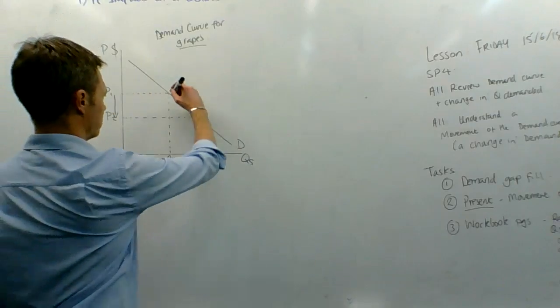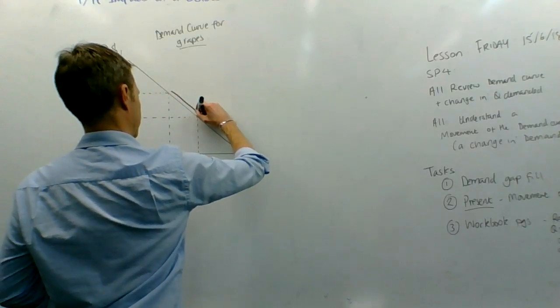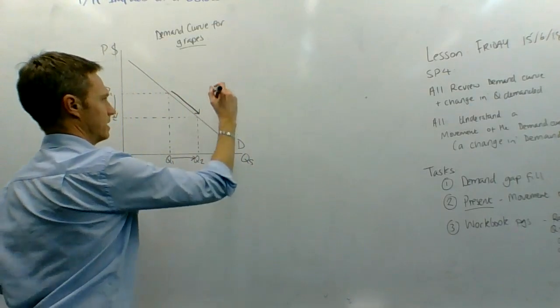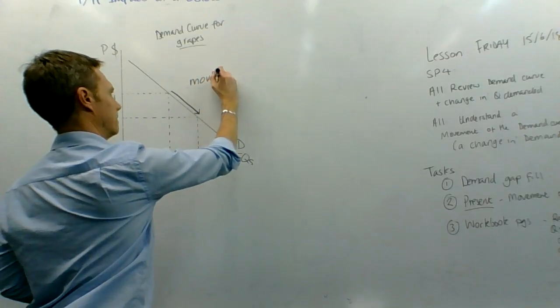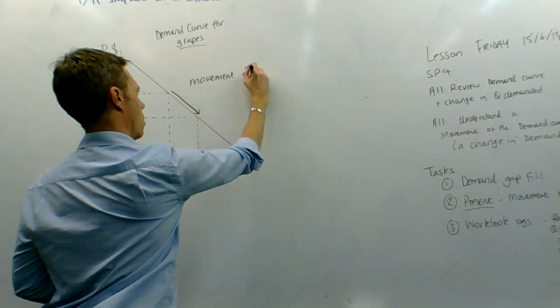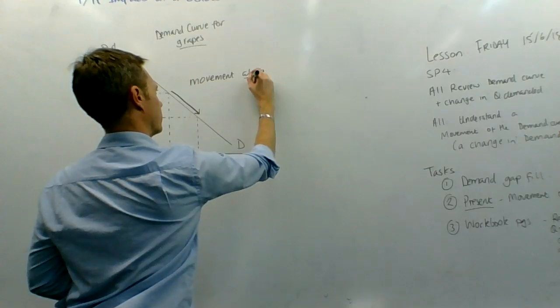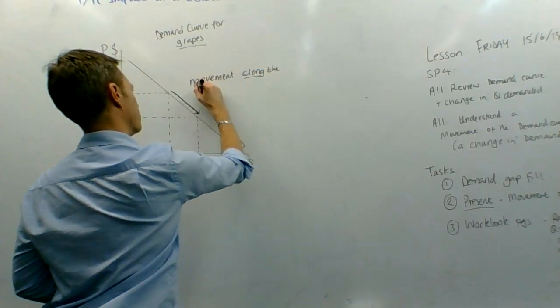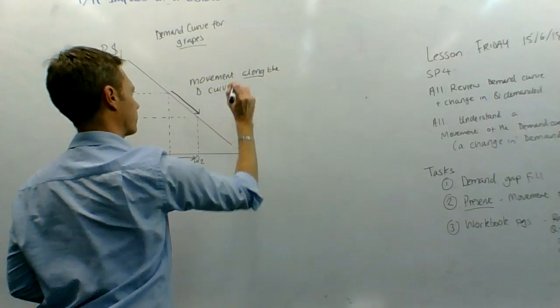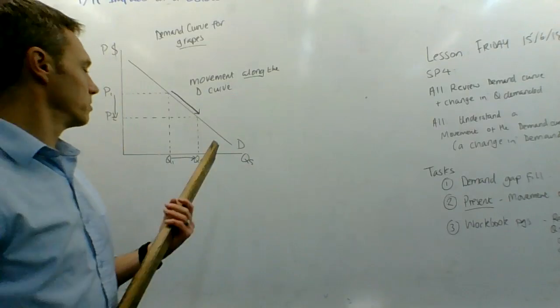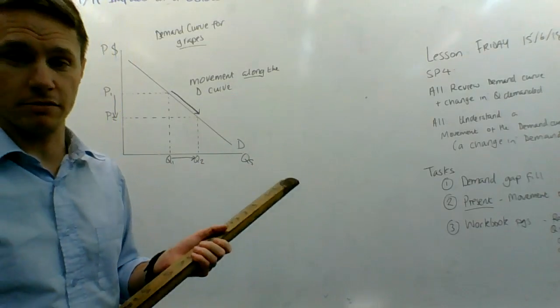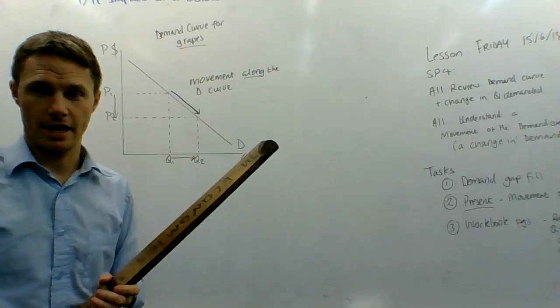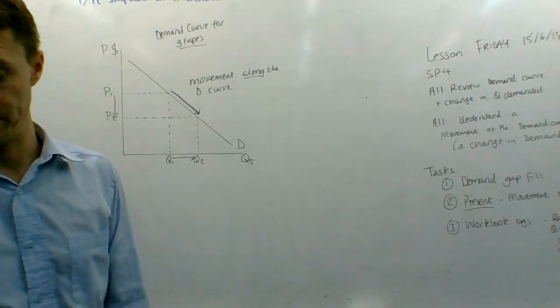What this is illustrating, if you remember, is that the arrow going down is the movement, and this is the important bit, along the demand curve. It's the movement along the demand curve, and that shows the relationship between our price and our quantity demanded.